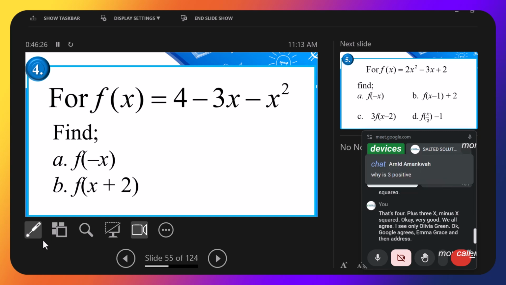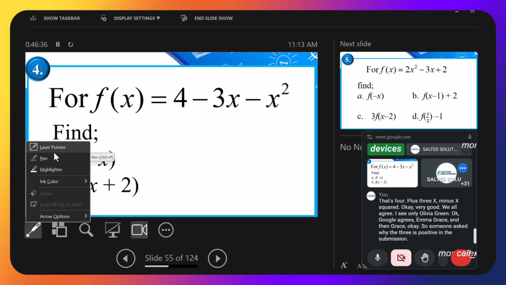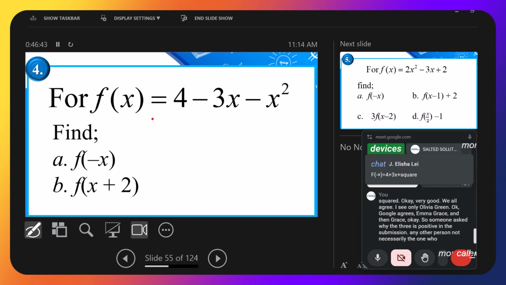Someone asked why the 3 is positive in the substitution. Any other person, not necessarily the one who gave us the solution, can explain to us why the 3 becomes positive. Venice.